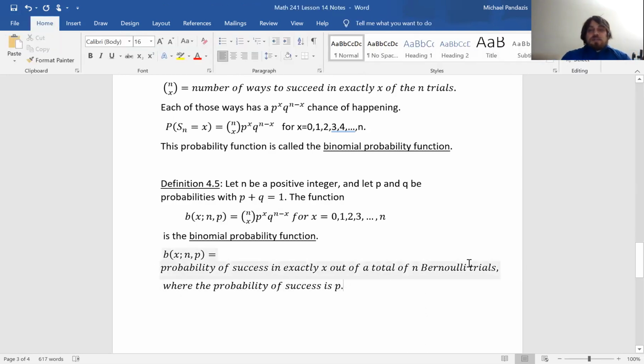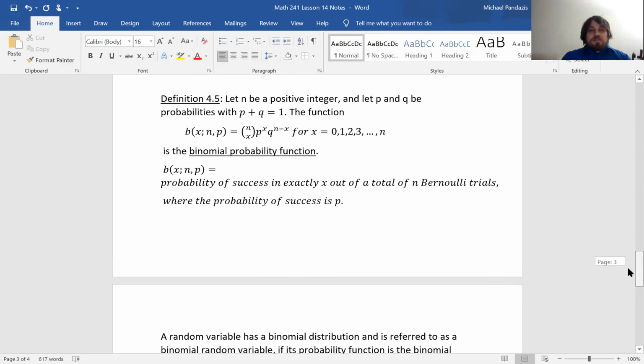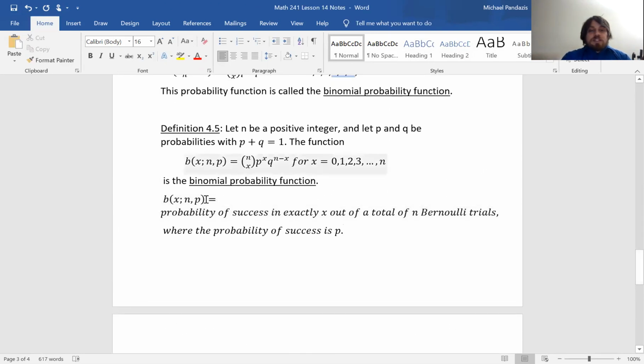Okay, that's what this thing is in the definition.